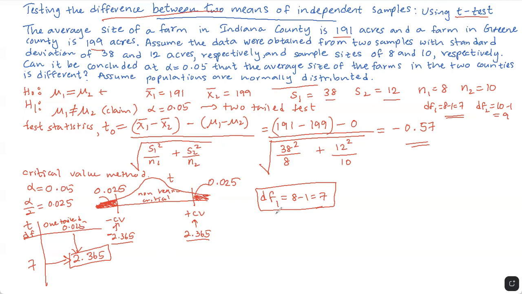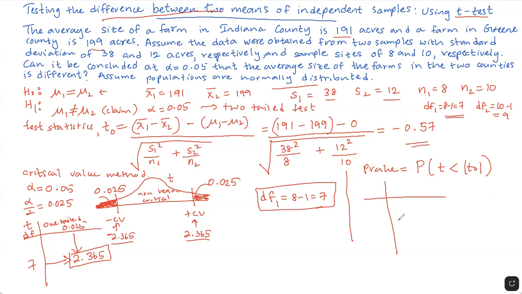And now let's look at the p-value method. P-value is just the probability that t is greater than the absolute value of t naught, right? Here the test statistic value is negative 0.57. Since the t table has positive values, we are going to use the positive value of this number.